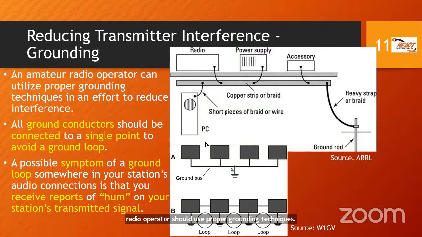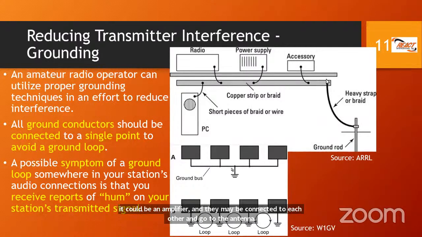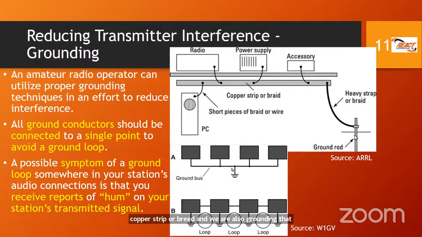We have two diagrams here that show a radio, a power supply, and maybe an accessory, it could be an antenna tuner or an amplifier, connected to each other and going to the antenna. Notice that we are using straps to go to a copper strip or braid, and we are also grounding that copper strip or braid to a ground rod outside, into earth.